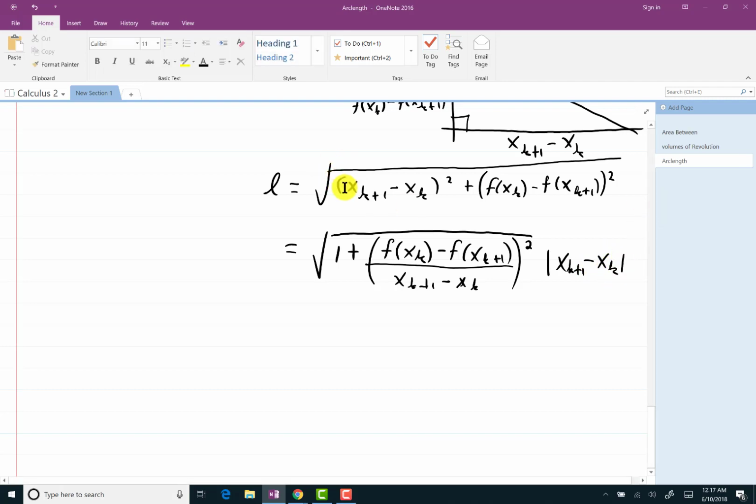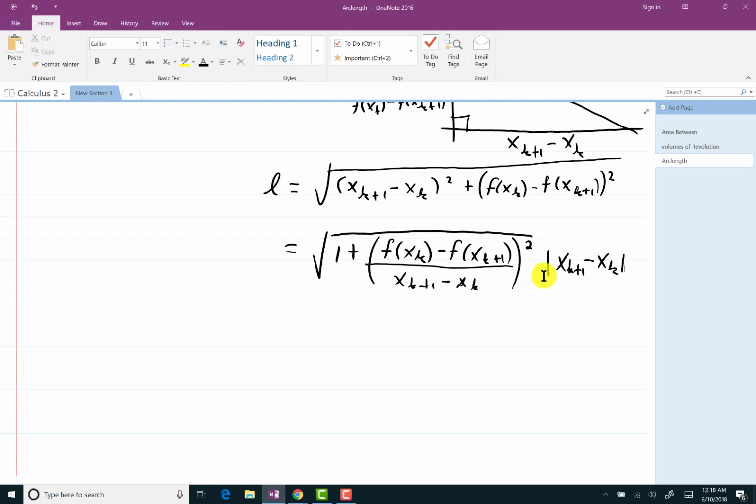I factored out x sub k plus 1 minus x sub k squared. When I do that, it leaves a 1. But you have to consider that you took it also from this piece, so that will leave this quantity divided by this quantity. That's why I have this here. It's squared to make things simple. Then when you factor it out, whenever you take the square root of something squared, it's not just the number itself, it's the absolute value of that number, just in case that number is negative.